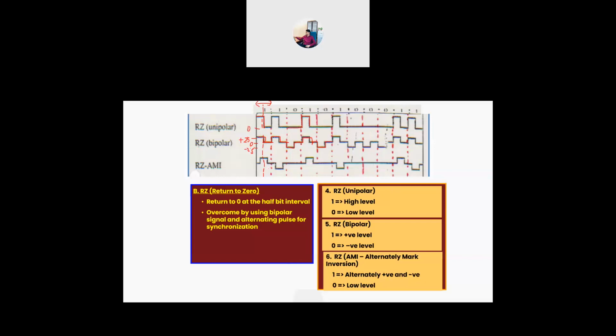You see here, this is 1, so it is positive, and the next bit 1 is represented by negative. So this is alternate, and 0 is always 0 level. The same goes for 1 here. Because previously it was negative, the next one will be positive, and after it will be negative.